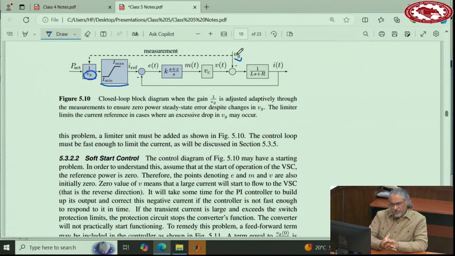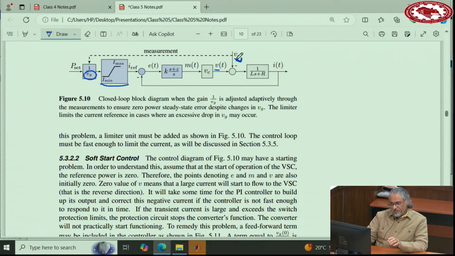Obviously, when you start, the current is 0. And here, the tracking error, depending on whether it's 0 or non-zero, it's a number here, but there is an integrator here. So this is 0, and it takes time to come up. So initially, this is 0. But this is a large number.